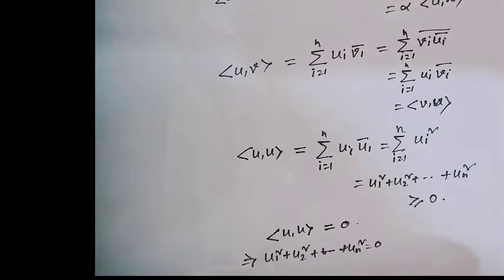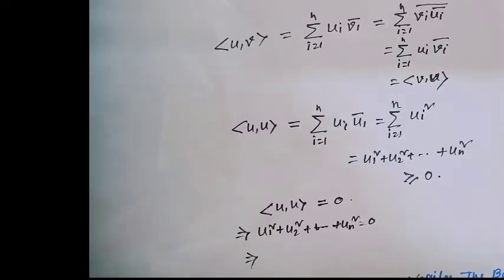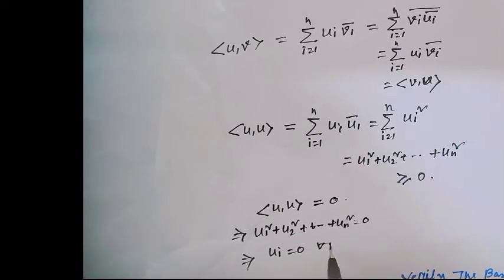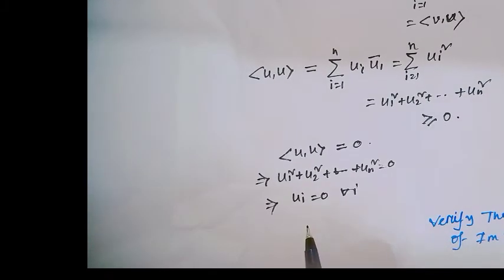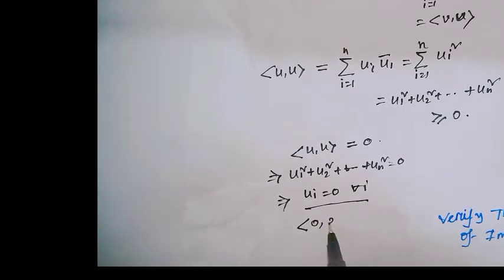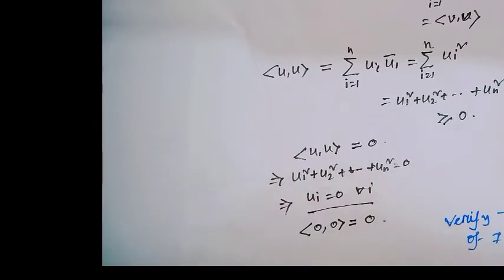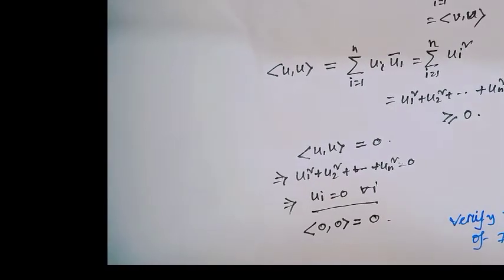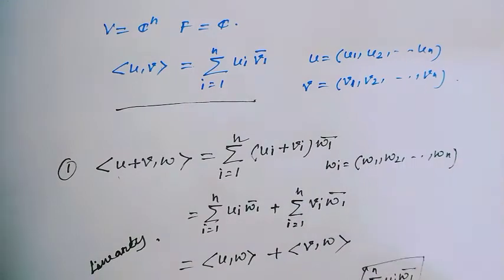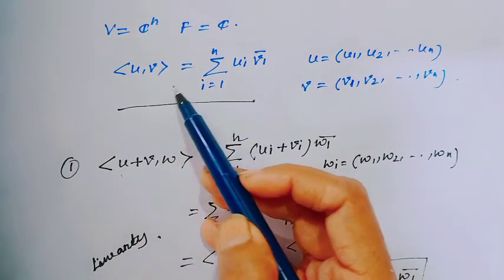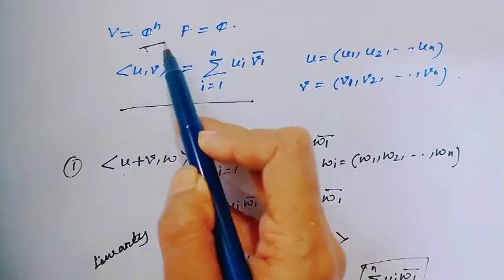And when this inner product is equal to 0, that implies u1 square plus u2 square up to un square equals 0, and that implies ui equals 0 for all i. Conversely, when ui equals 0 for all i, the inner product of 0 with 0 is obviously equal to 0. Are you getting? Since all conditions have been satisfied, this is obviously an inner product on Cn.